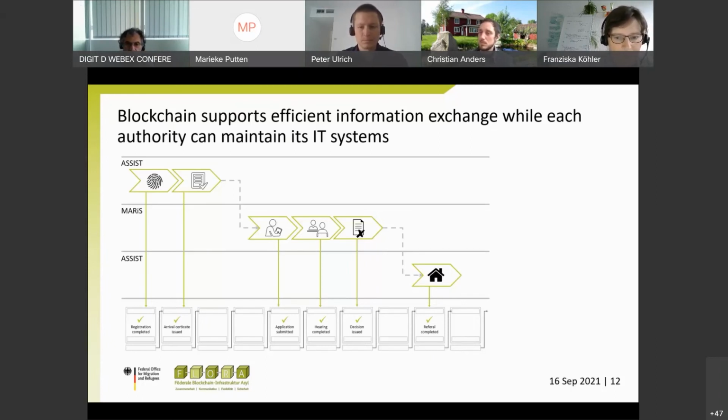A status information could be registration completed or arrival certificate issued, and there are different status messages or status events within the whole process, and some of them are written to the blockchain, and some of them are read from the blockchain to coordinate the whole process.